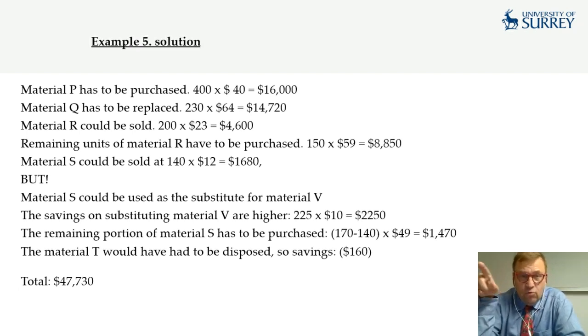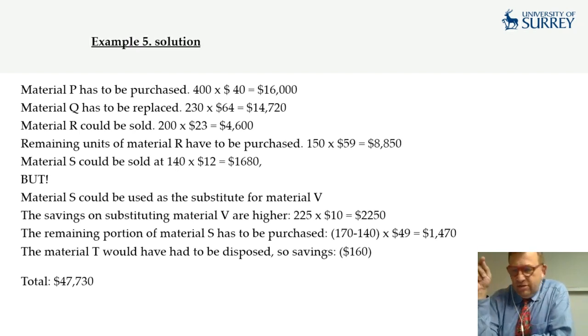So if we use material T for the production of our job, then it would mean that we are saving $160.